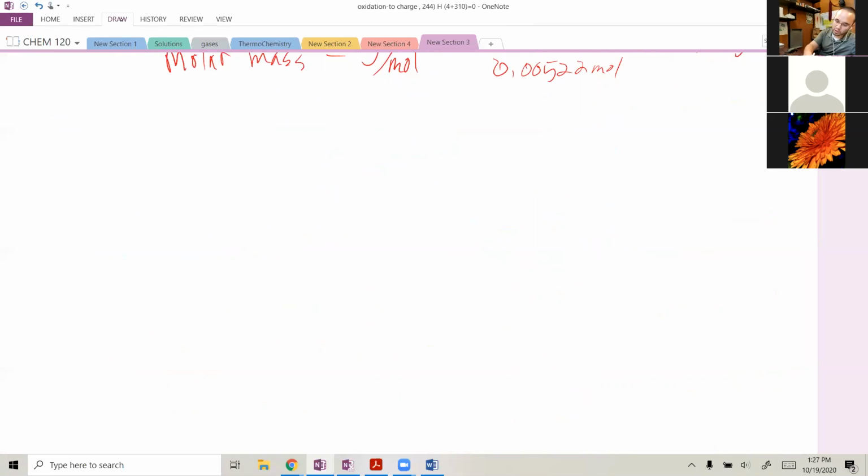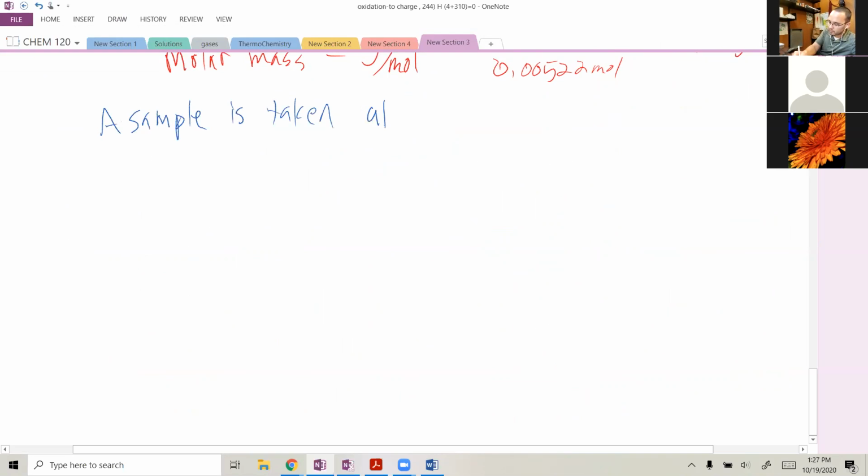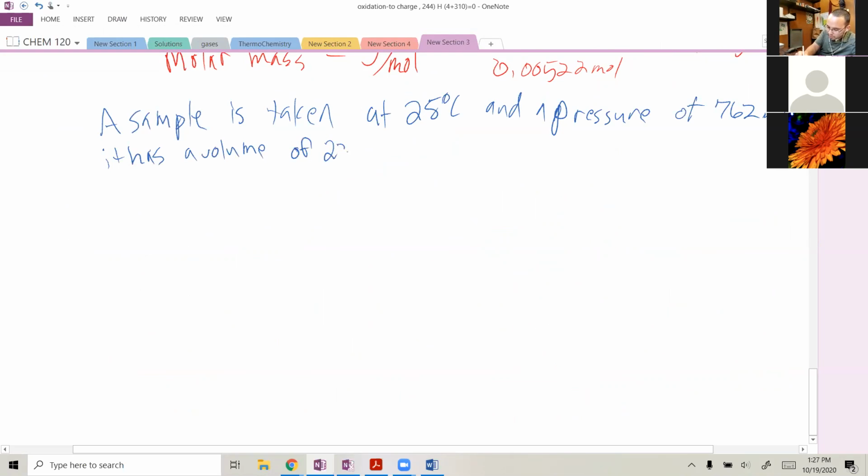So it might be something where you start off with a sample is taken at 25 degrees Celsius and the pressure of 762 millimeters of mercury. It has a volume of 234.6 milliliters.